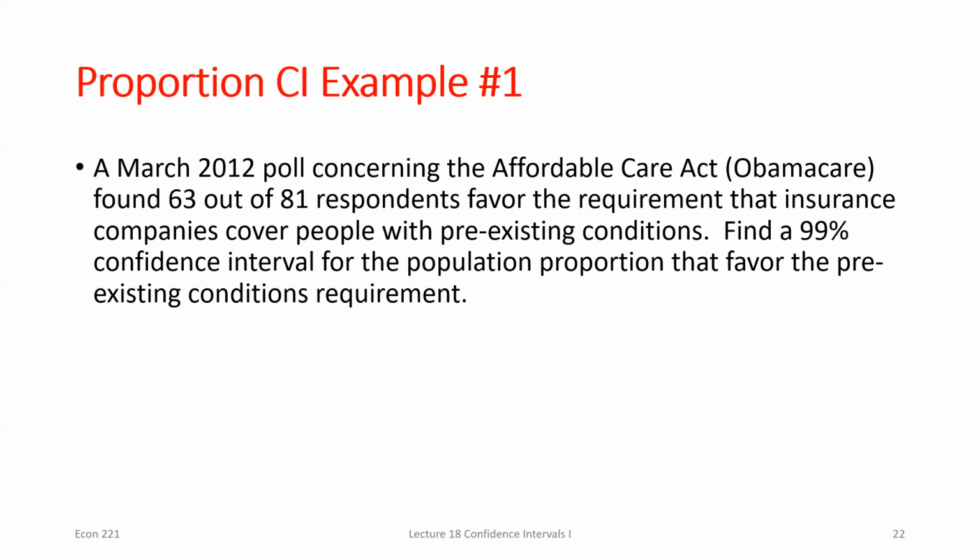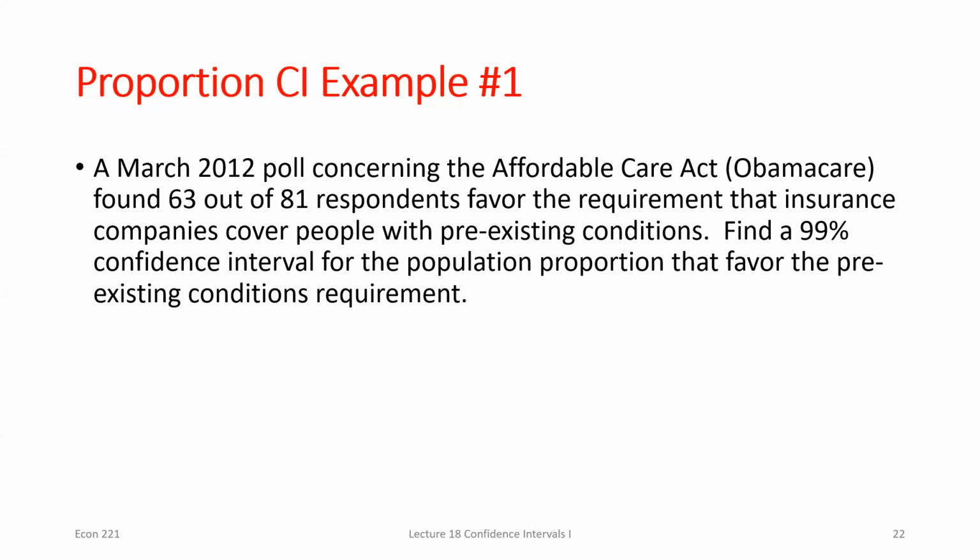I have everything I need to plug into this equation. The only thing I need to do is look up that z-value. So if I want the 99% confidence interval, what is my alpha value for the total area outside my interval? Yeah, 0.01. There's 1% outside my interval, in decimal form 0.01.